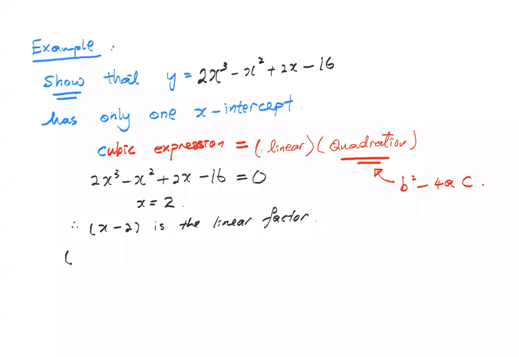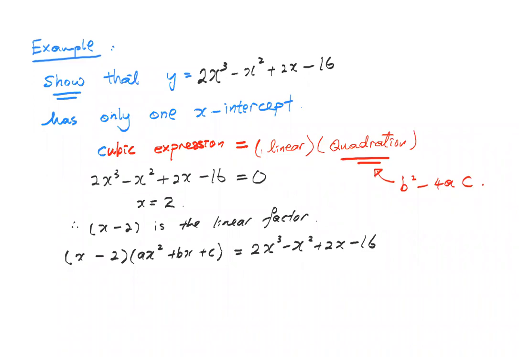So that means I must have x minus 2. Then here must be a quadratic, ax squared plus bx plus c, that will give me this expression. So can you tell me the value of a by looking at it? 2.